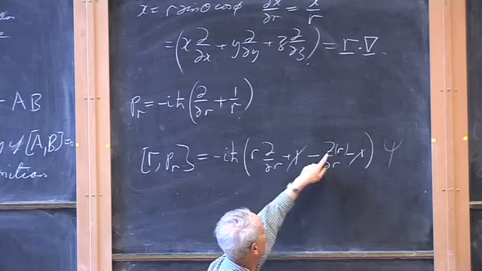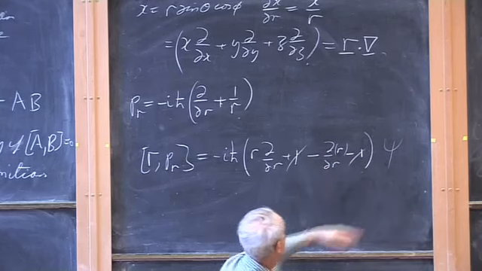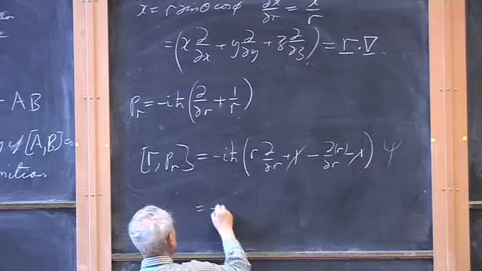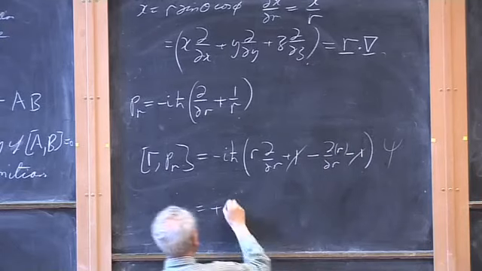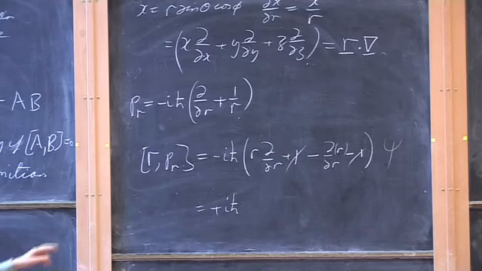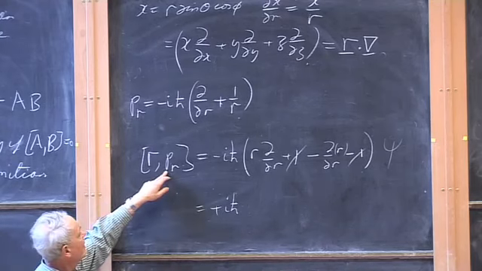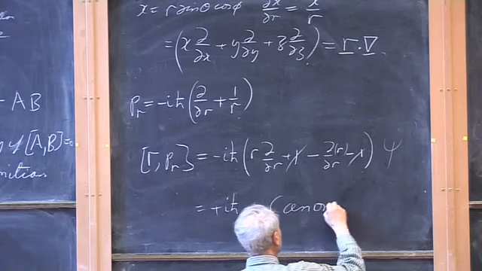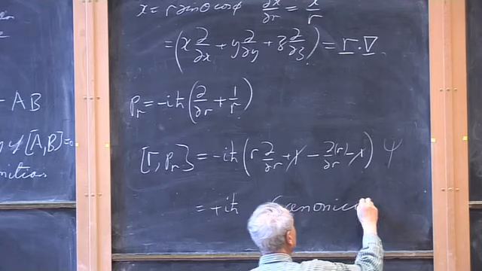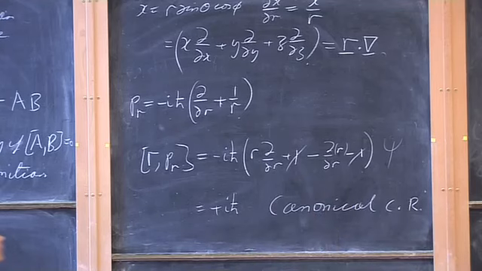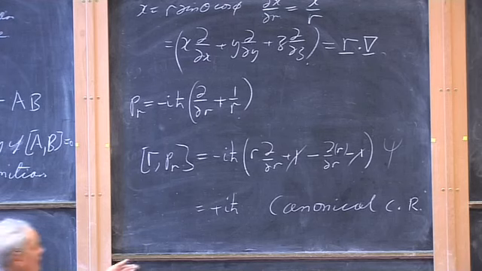So what we're left with is the d by dr times psi, the d by dr, which makes 1. So this is equal to plus, because there's a minus sign coming here, i h bar. So these two operators satisfy the canonical commutation relations, right? So PR really is the momentum associated with r.